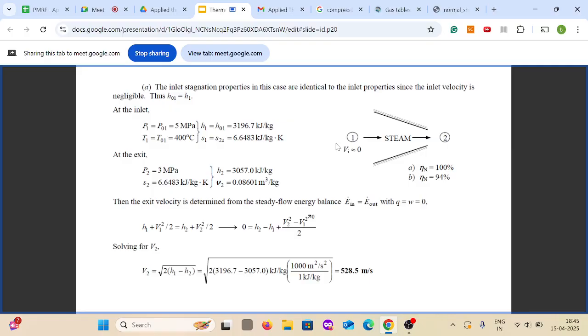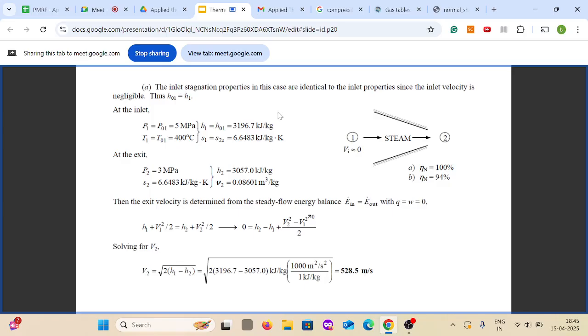First, the inlet stagnation properties in this case are identical to the inlet properties, since the inlet velocity is negligible. So we can assume H01 equals H1 because velocity is negligible. We write H0 is H1 plus V square by 2.